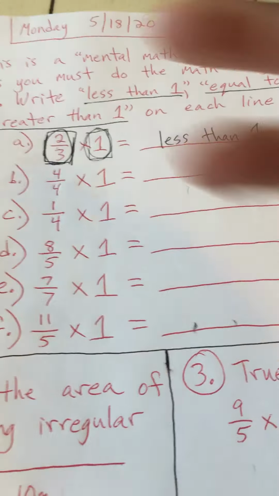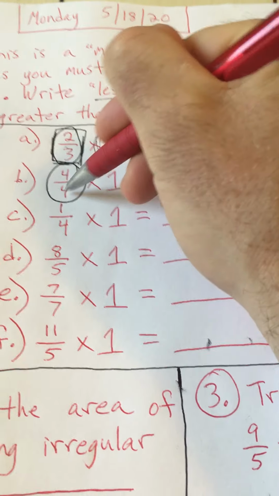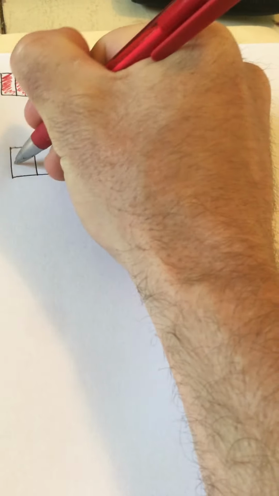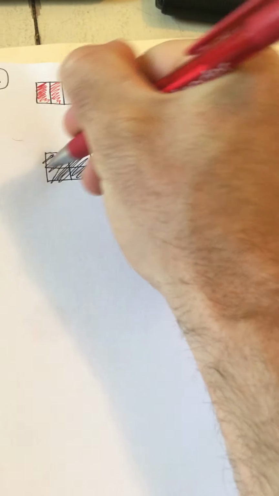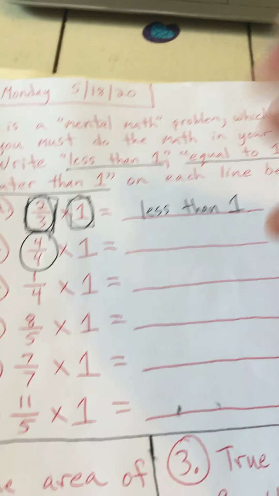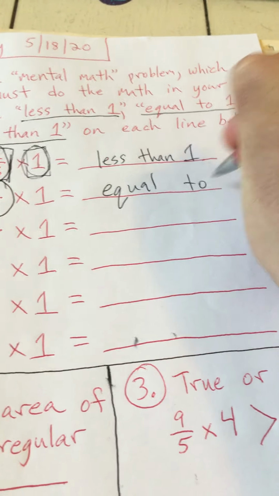Let's go to B. We have 4/4 times 1. Now 4/4 is equal to 1. If you had a model with fourths and you colored in all 4/4, you colored in the whole thing. So 4/4 equals 1 whole. What we're doing here is 1 times 1, which is equal to 1.